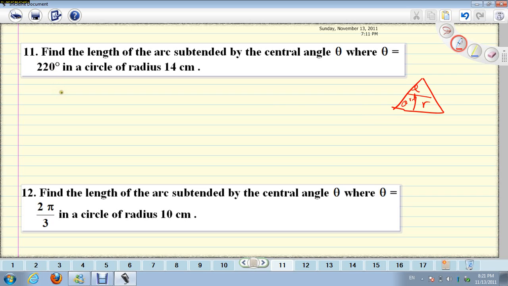So I'm gonna convert 220 to rad. Okay, so theta rad over 3.14 equals theta degree, which is 220 over 180. Okay, simply cross multiplication.